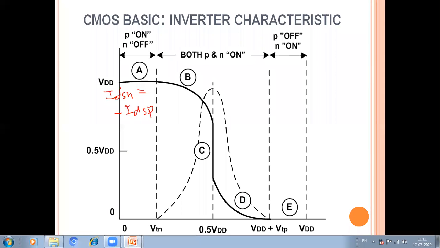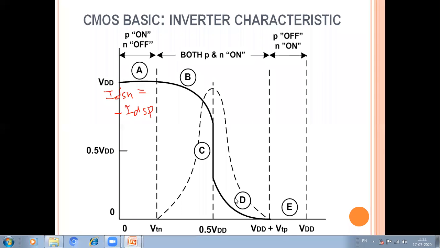In region D, it is characterized by VDD by 2. So Vin is greater than VDD by 2, that is 0.5 VDD, and less than or equal to VDD plus VTP.